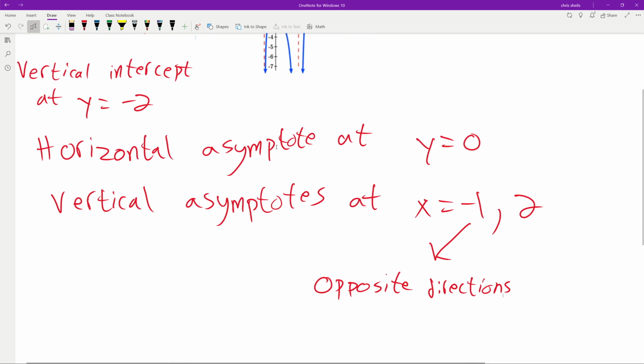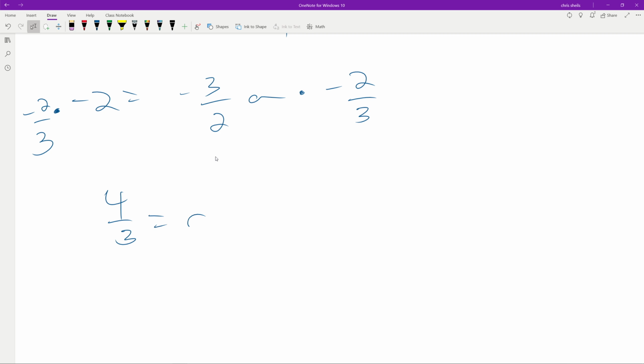So I get negative 2 is, this simplifies to negative 3 halves times a. I multiply both sides by negative 2 thirds to undo this multiplication by negative 3 halves on the right hand side. And this gives me 4 thirds is equal to a.